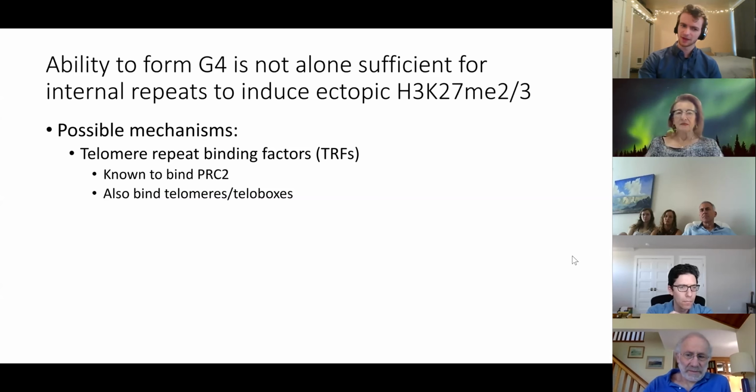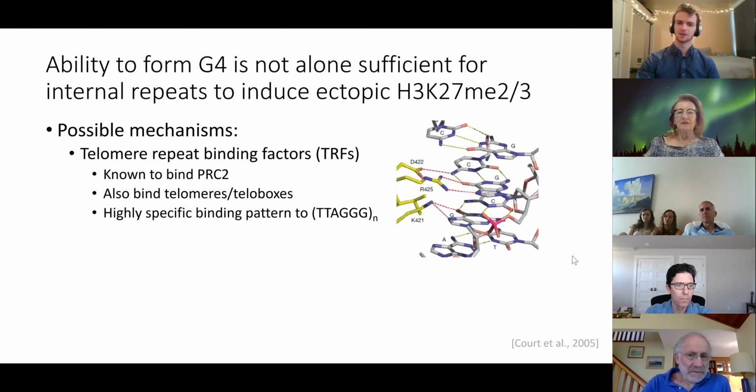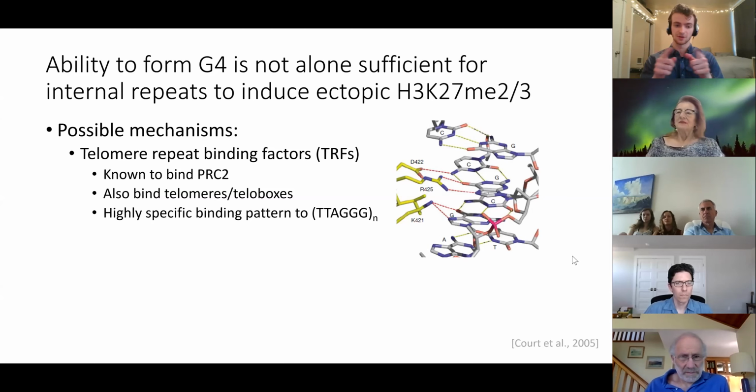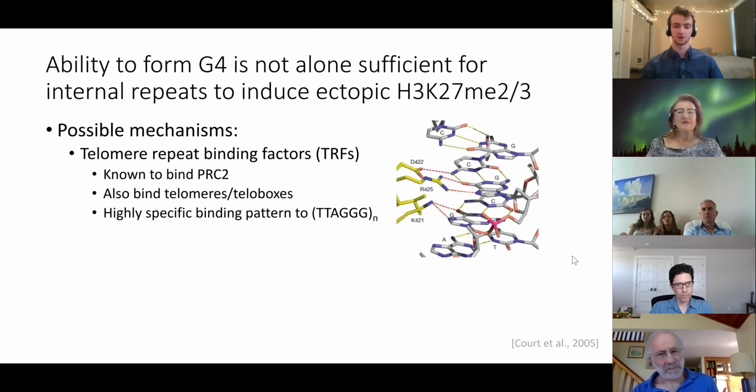And this might explain it because the binding pattern to the telomere repeats is incredibly specific. It always happens in the same way, and you can see the sheer complexity. There are over 30 different binding interactions. So I was thinking that maybe the Arabidopsis, because it has a 7 base motif of repeats, might offset it enough for TERFs to not be able to bind quite as well, and maybe that would affect things.